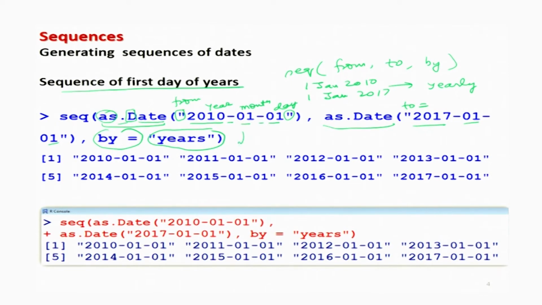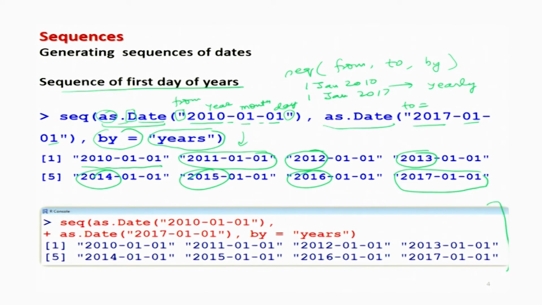And if you try to see here, this outcome will be there. The first value is going to be 1st January 2010, then 1st January 2011, then 1st January 2012, 2013, 14, 15, 16, and finally 1st January 2017. And this is here the screenshot. You can see this is not a very difficult thing to understand.